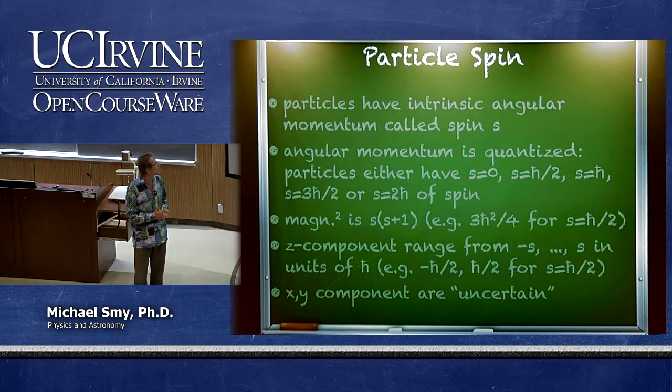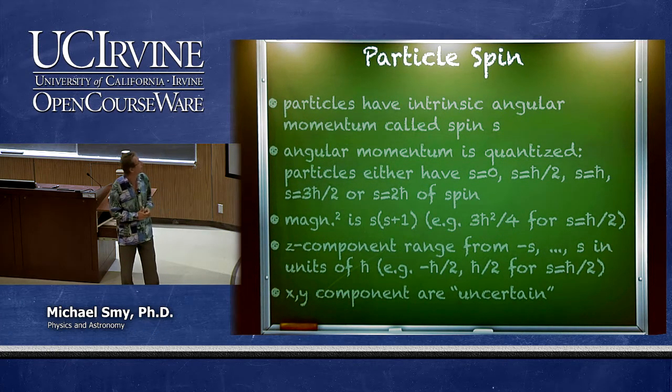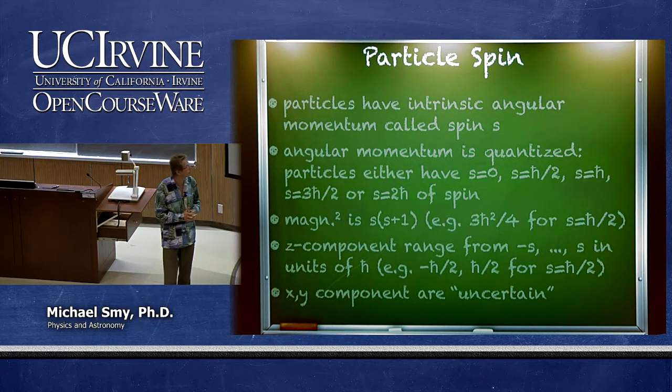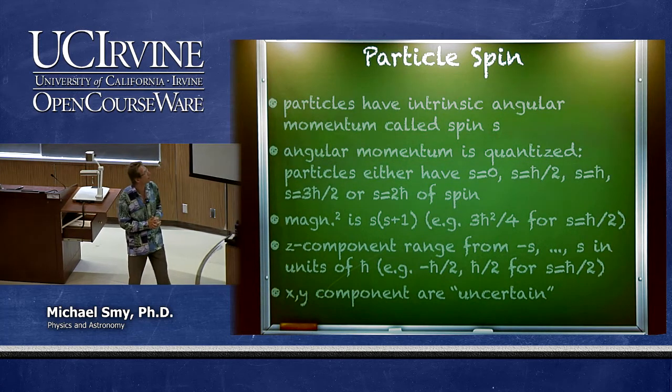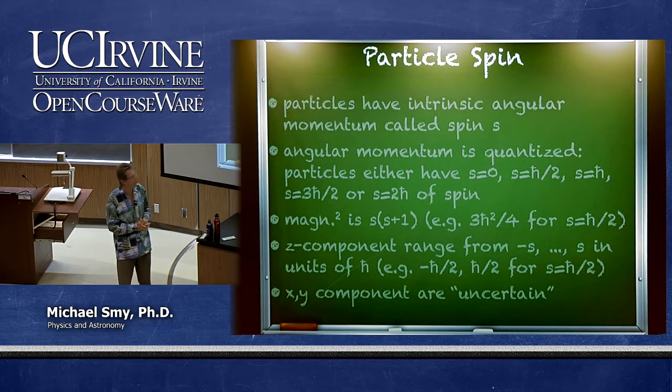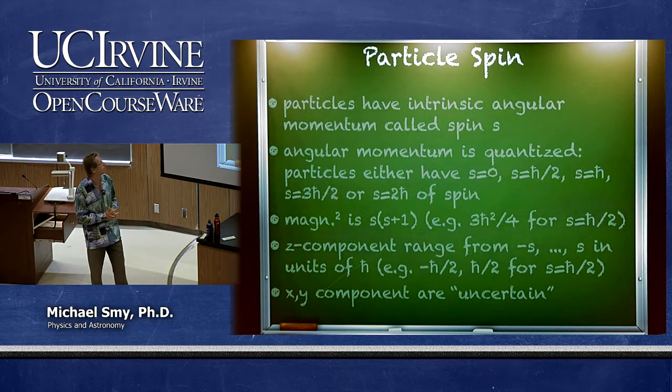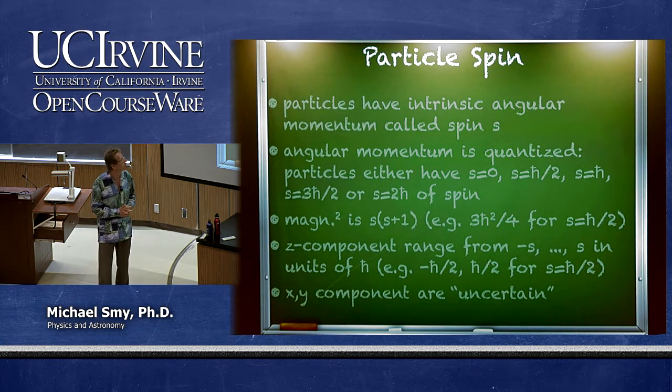And this intrinsic angular momentum, just like any other angular momentum, is quantized. And particles have either spin 0, or spin h bar over 2, or spin of h bar, or 3 times h bar over 2, or 2 times h bar, and so on.